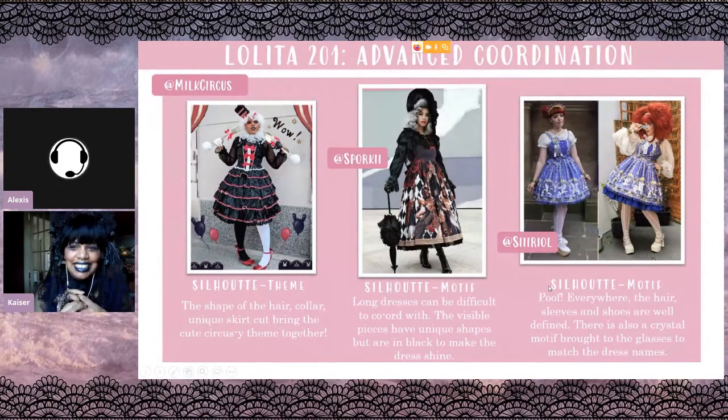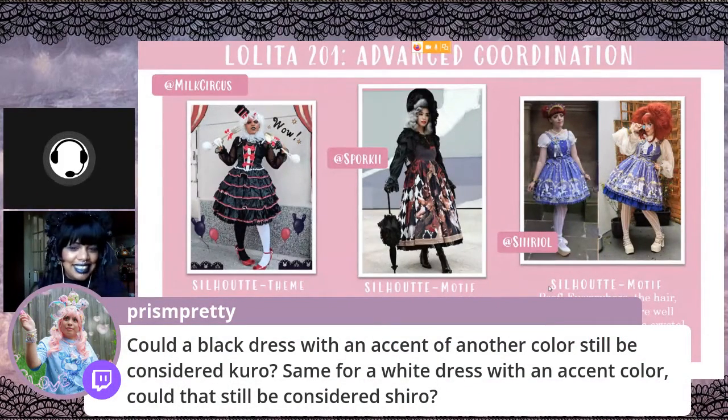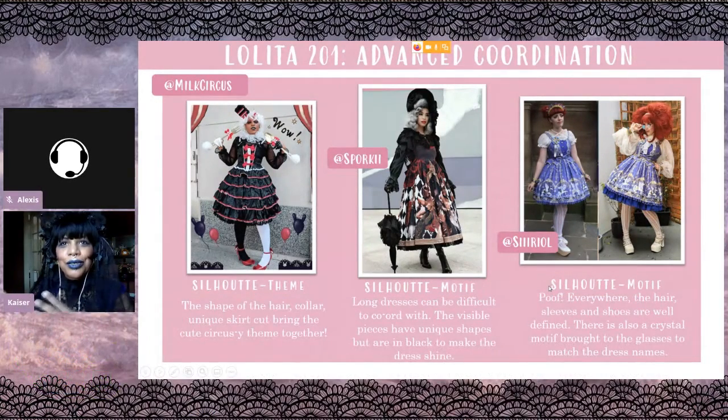Okay, let's see what else we got here. Could a black dress with an accent of another color still be considered kuro? Same for a white dress with an accent color, could that still be considered shiro? I think not, because the whole point of kuro and shiro is black and white, so it's all black, all white.